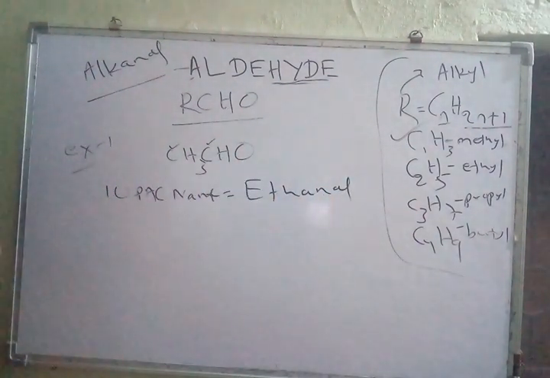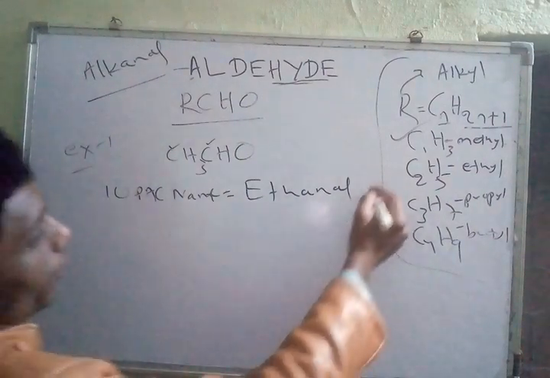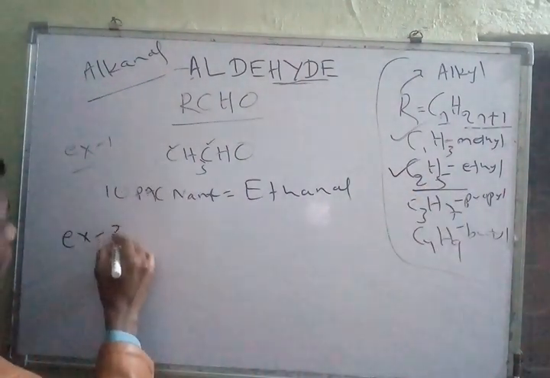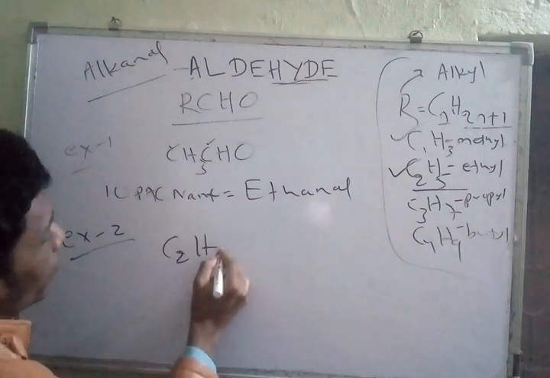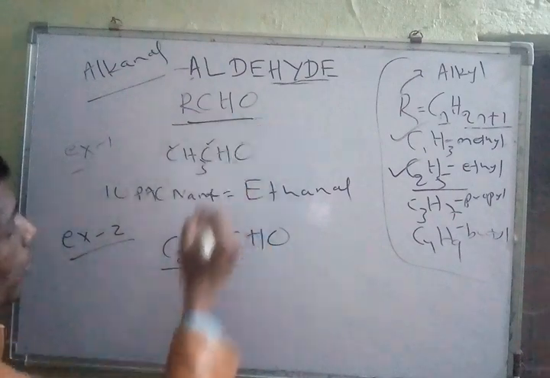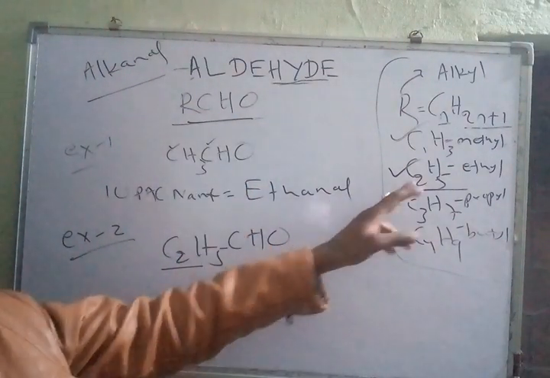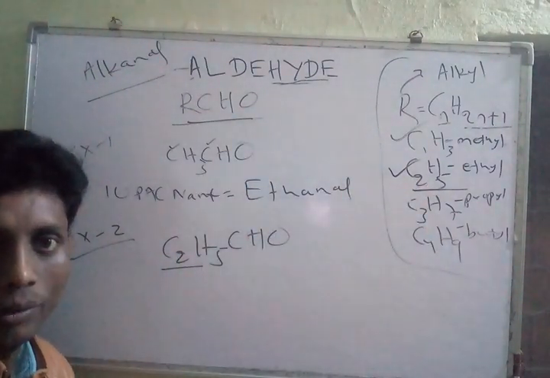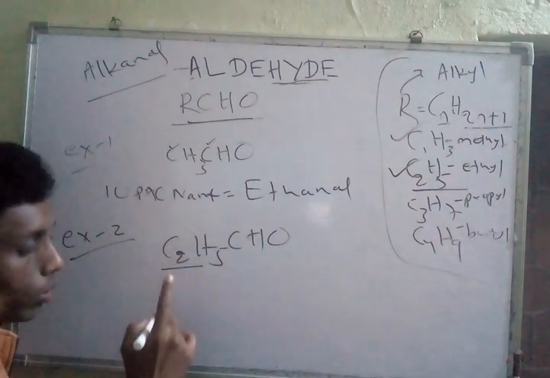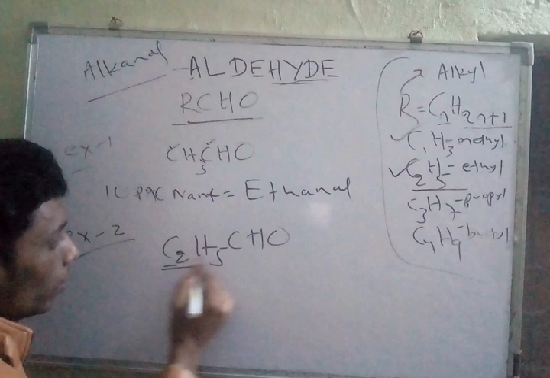Likewise, you can take another example. If you put C2H5, that is the ethyl group, in place of R, it becomes C2H5CHO. So name this compound. Once again, the total number of carbon atoms is 2, 1, 3.